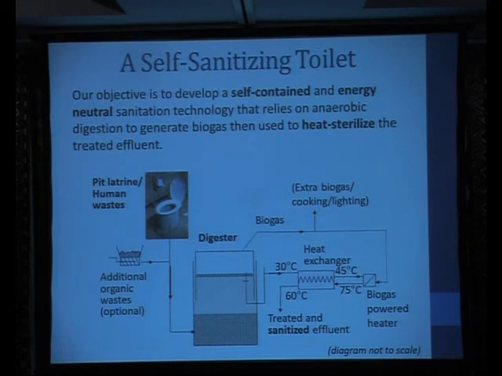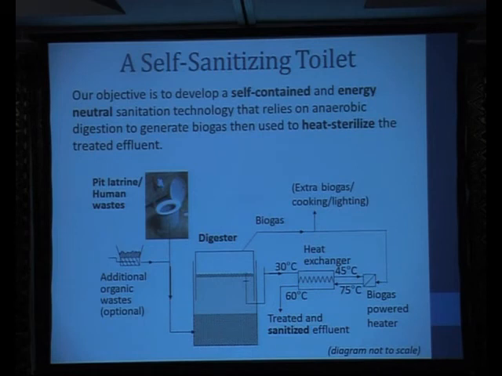And combine this heater with a heat exchanger. It would recover some of the heat, so we can preheat the digester effluent and therefore decrease the energy demand of our heat sterilization. And if you do the balance, it's very feasible. You could use a fraction of the biogas that you're producing to do that.